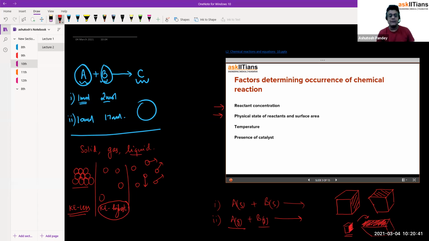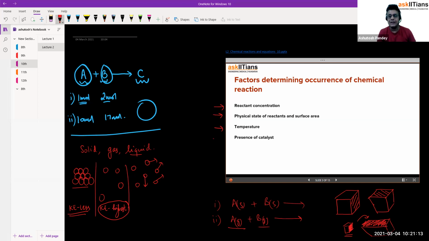And if it exists in gaseous form, it will have even more kinetic energy, so the highest kinetic energy. So it depends on temperature. When temperature is high, then kinetic energy is high, and when kinetic energy is high, the interaction will be higher, and that's why the reaction will occur easily. So as temperature increases, the reaction proceeds easily.